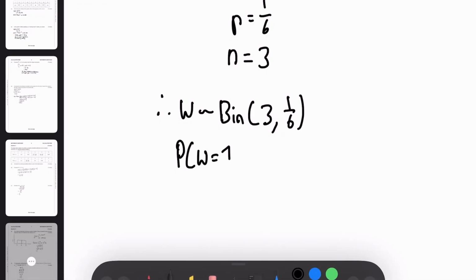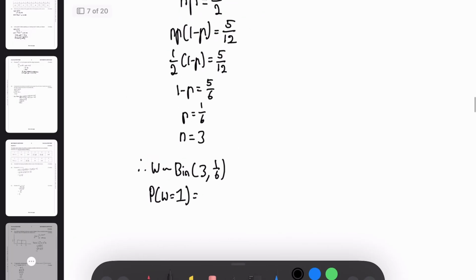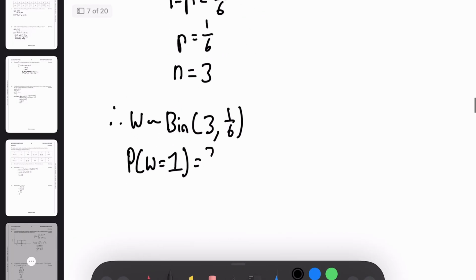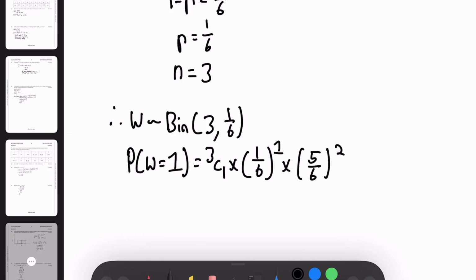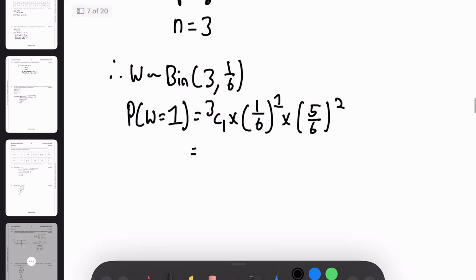Wow, I cannot write my 1 properly. So here, since we want P(W = 1), we can do 3C1 times the probability of success to the power of how many times you want it, times the probability of failure squared, like that. Now, anything C1 is just going to be the top left number, or how many options there are.